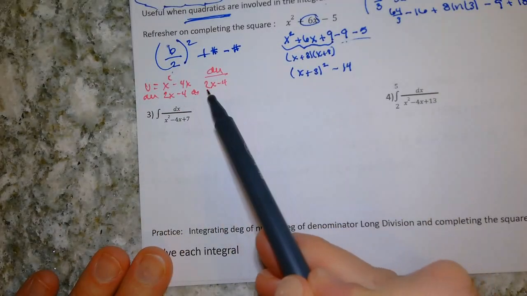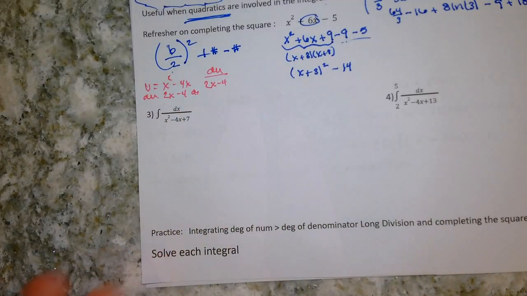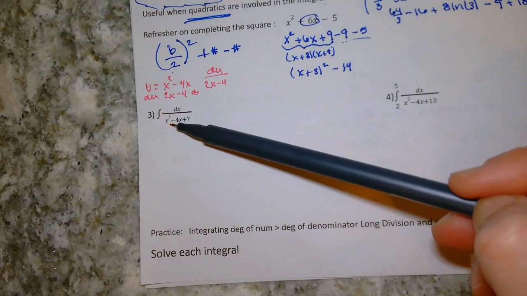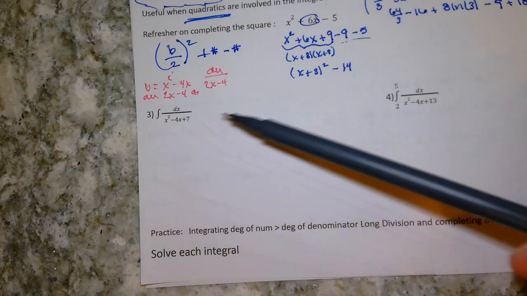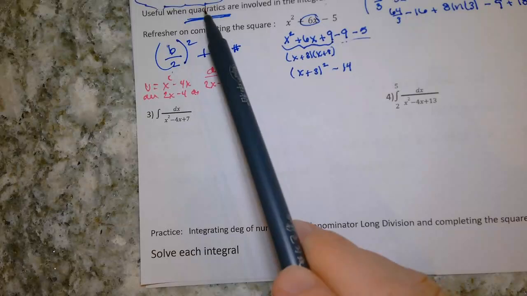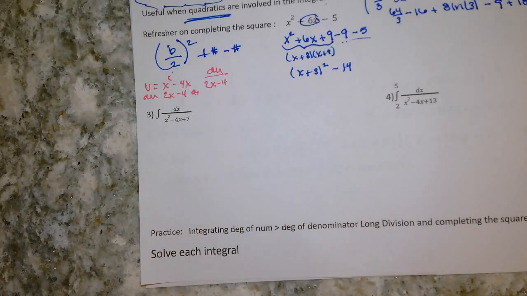Clearly, if I substitute that in, that 2x minus 4 is not canceling with anything, so u sub fails. This is not long division because the degree of the numerator is not greater than or equal to the degree of the denominator, so long division's out. And it's clearly not an arcsine or arctangent at the moment. But it does have a quadratic, so that's where completing the square comes in.